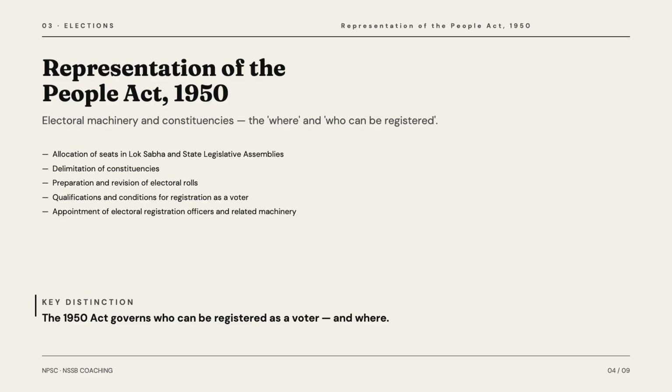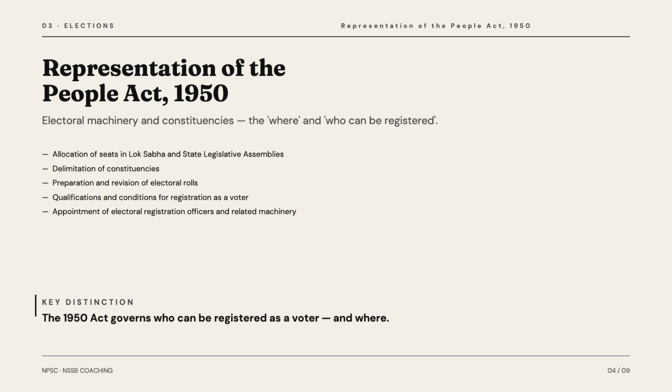Now what is 1950? Very simple. The 1950 Act governs who can be registered as voters and where. Are you eligible to be a voter? The answer is in the RPA Act 1950. It talks about allocation of seats in the Lok Sabha and legislative assemblies.